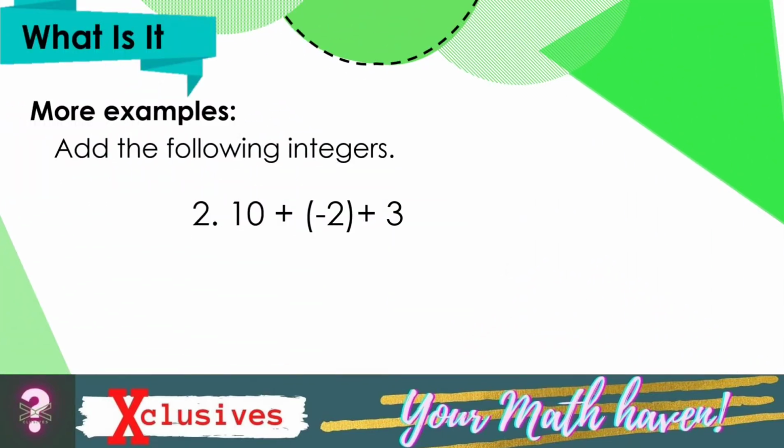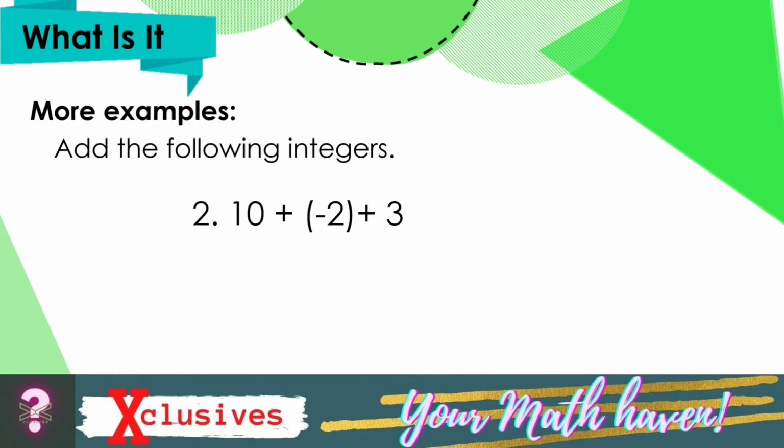Number 2, 10 plus negative 2 plus 3. Oh, looks a little bit complicated because we have 3 terms in this problem. That's okay. It is easy, trust me. Let us evaluate from left to right, which is commonly the norm in solving addition of many terms.